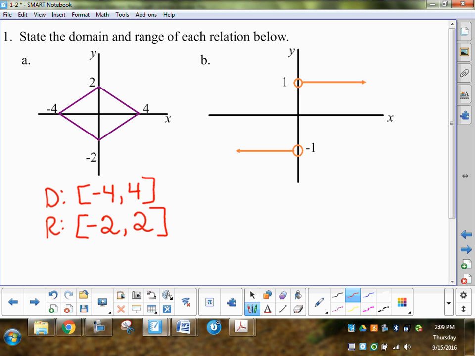Taking a look at what's going to happen in 1B, the first thing we're going to ask you to identify is the domain. Now, everyone starts screwing this piece up because of the labeling. When I label the y-axis, you immediately think it's an x.